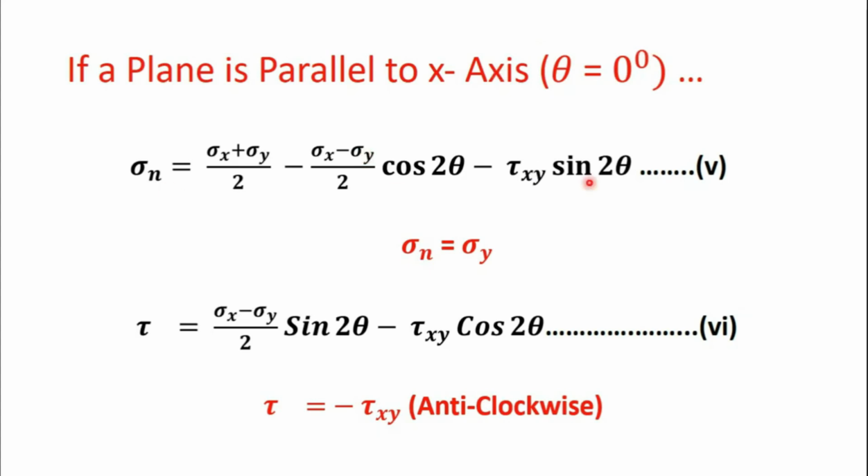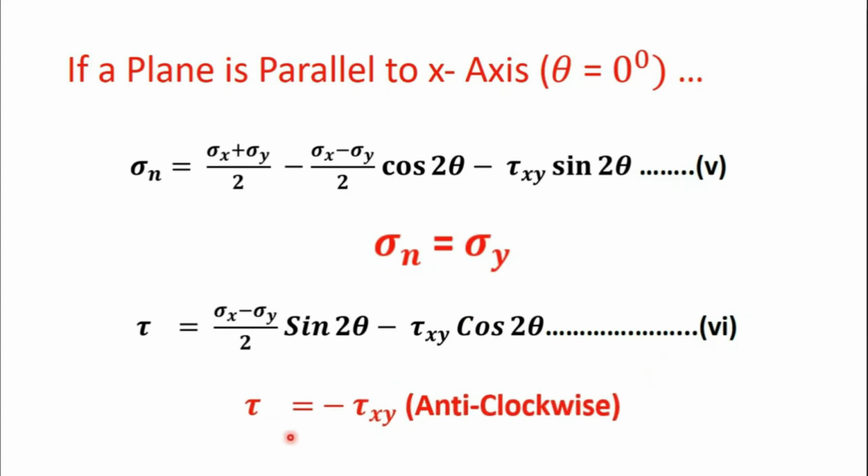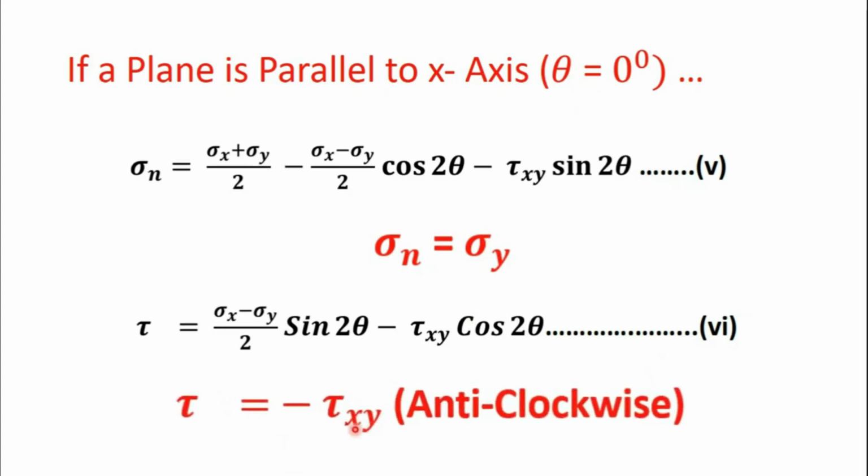Putting theta equals 0 in equation number 5, which is the expression of sigma n, the normal stress, and knowing that sin 0 equals 0 and cos 0 equals 1, solving it we finally get sigma n equals sigma y. So the normal stress at theta equals 0 is sigma y, and similarly the tangential stress at theta equals 0 is tau equals minus tau xy, where the minus sign denotes that it is anti-clockwise.